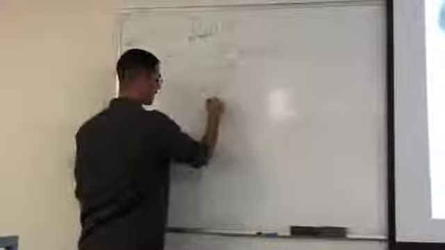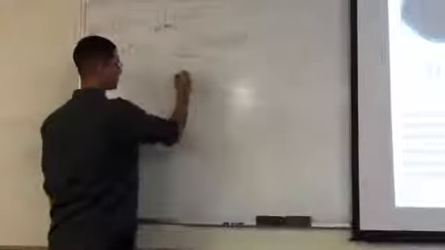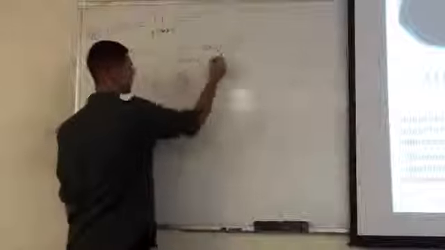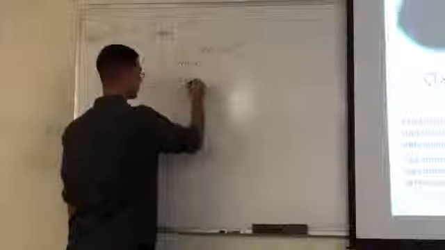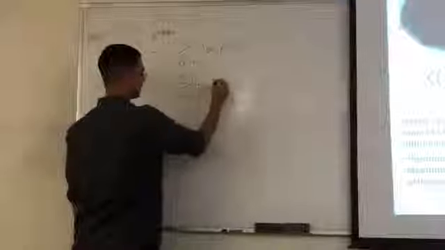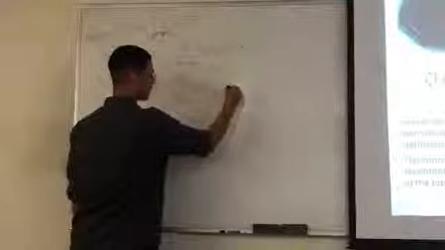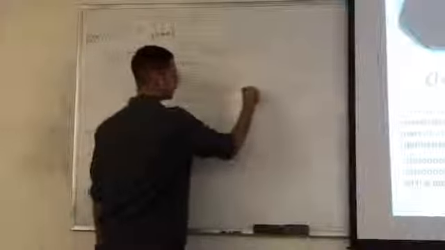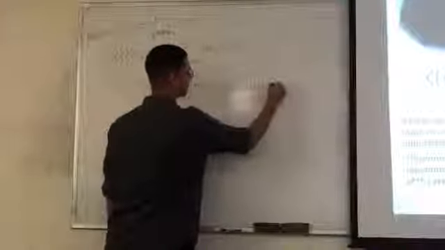We can do the sum from n equals 2 to infinity of pi of n minus pi of n minus 1 times log of 1 minus n to the negative s.